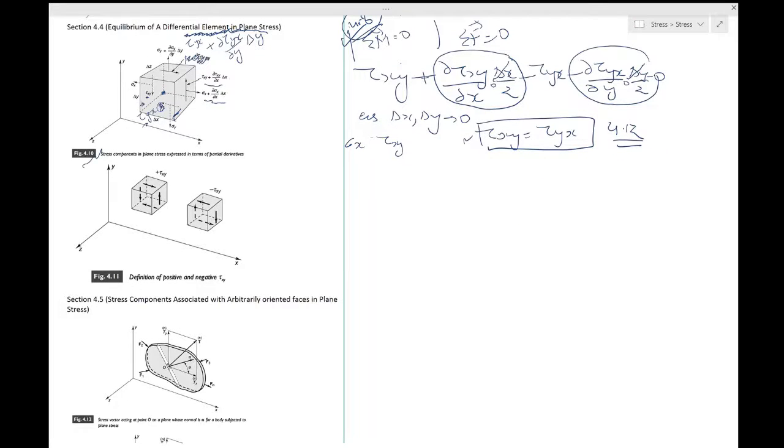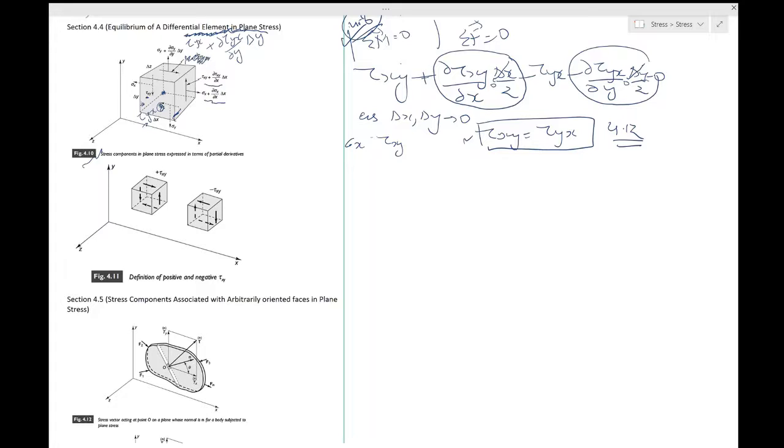Okay, so in the last discussion, we arrived at this important result that tau yx was equal to tau xy. We had also said, without actually giving an explicit proof, that even in three-dimensional cases, the shear components of the stress would be symmetric in the sense tau zy will be equal to tau yz, tau xy will be equal to tau yx, and tau xz will be equal to tau zx.